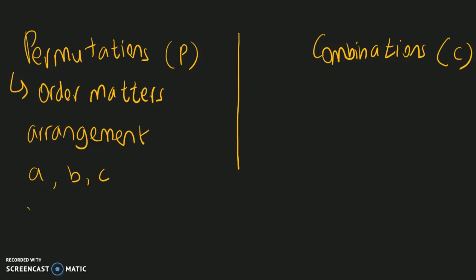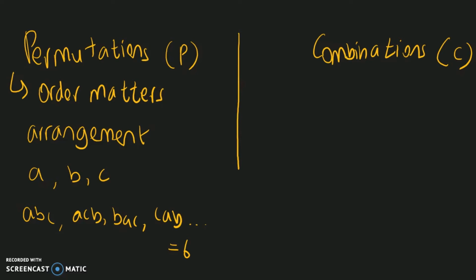Let's say we have ABC, ACB, BAC, CAB, and it goes on and on. So overall, there are six possibilities in which we can rearrange A, B, and C, considering that all of these letters are used and the order matters. So ABC and ACB are two different possibilities.